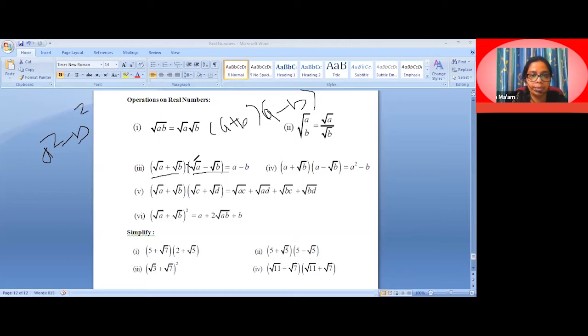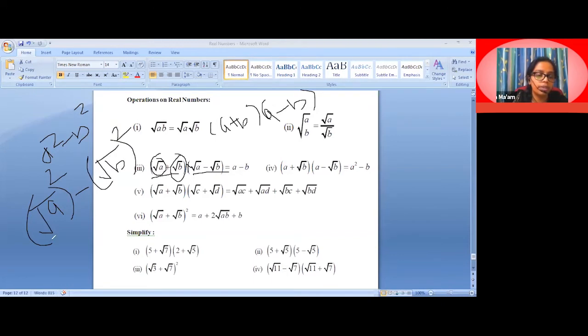So we will consider this as a, so root a square, and I will consider this number as b, so minus root b square. What is the square of root a? A. And the square of root b? B. So a minus b.